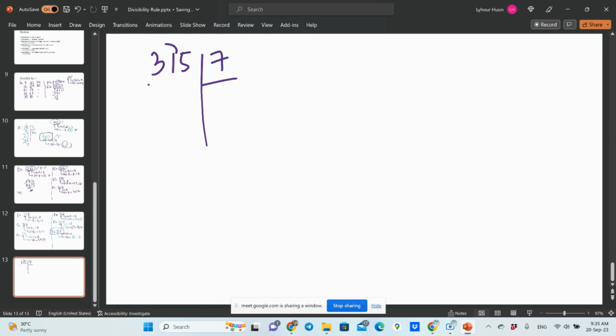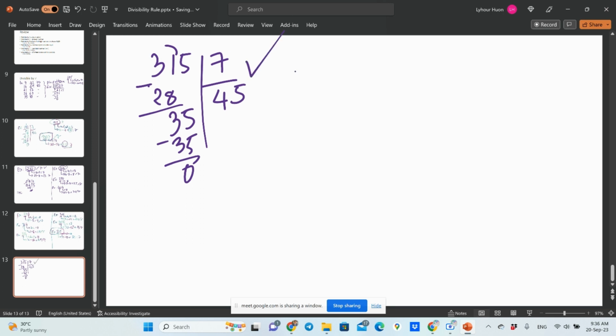How many times does 7 go into 31? 4 times. 4 times 7 is 28, right? So this is 3 and 5. How many times does 7 go into 35? 5. 5 times 7 is 35. Yes, that is divisible by 7. So now we know that the rule is correct. We can believe the rule now.